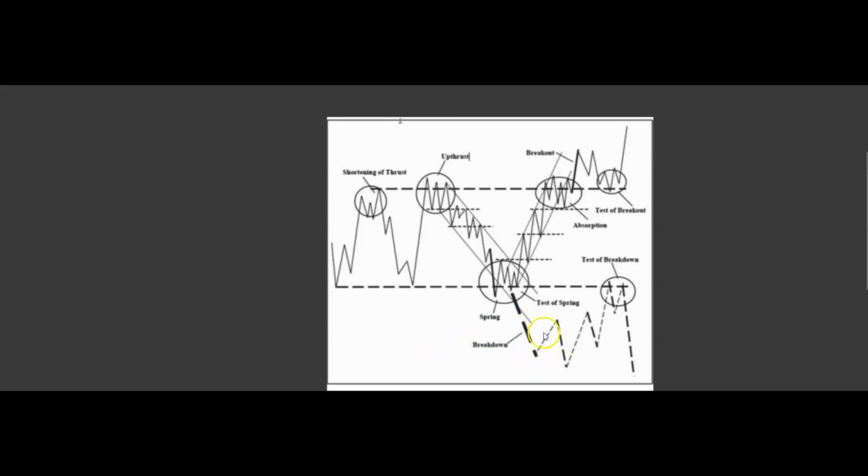By the pullback here, when it pulls back, you can measure the amount of retracement. If it's a very shallow retracement, especially under 50%, it means demand is weak. And that's a very good indication to wait for it to come back up here and test for sells, right? Because the halfway back mark is a key concept in Wyckoff.